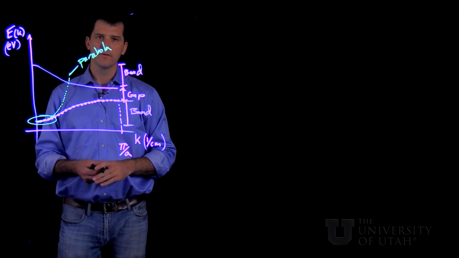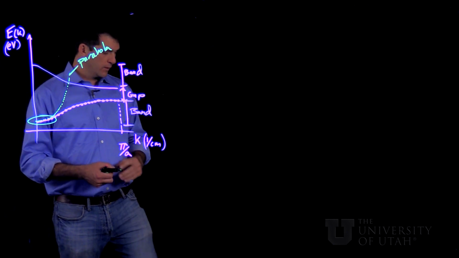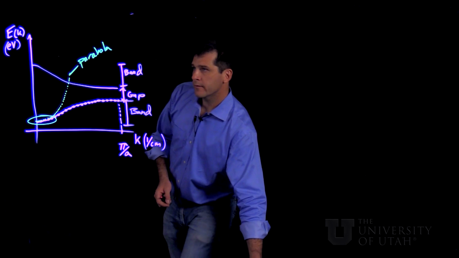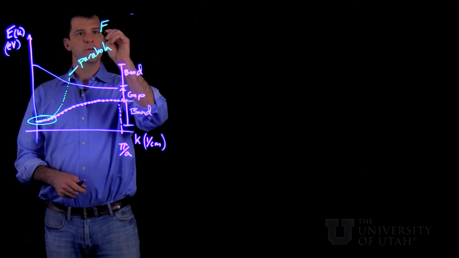And the parabola is used because it represents the kinetic energy of a free particle very well. And so we can treat the electrons or the holes in the semiconductor as if they were free particles, as long as we take into account the details of this parabolic approximation to the real E versus k relation.